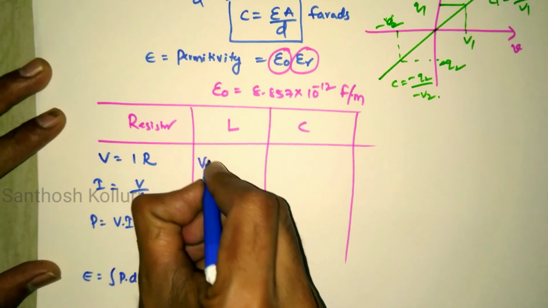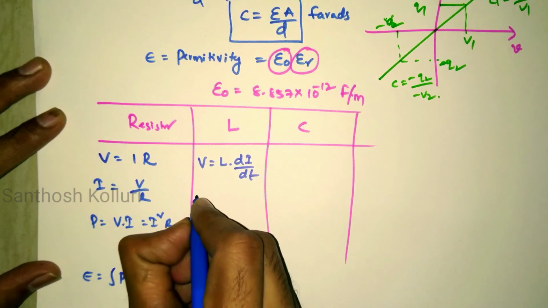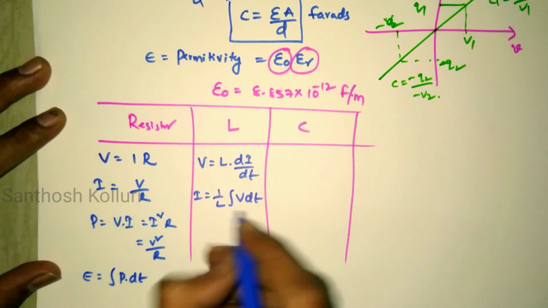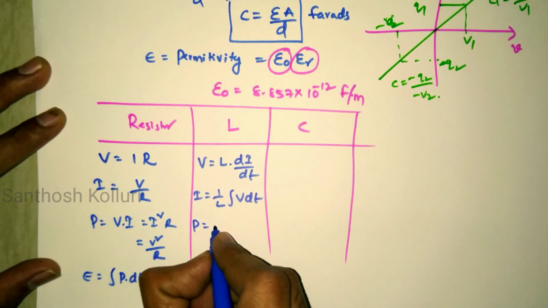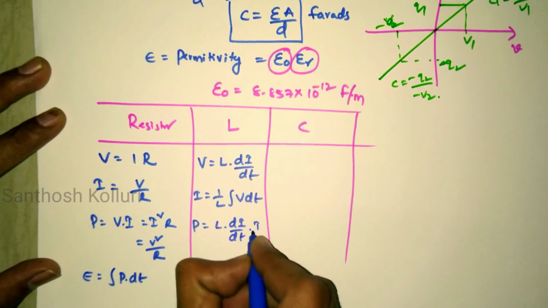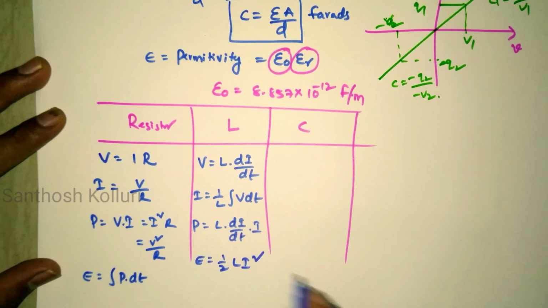For the inductor, V is equal to L into di by dt, I is equal to 1 by L into the integration of V dt, P is equal to L into di by dt into I, and the energy stored in the inductor is half Li square joules.